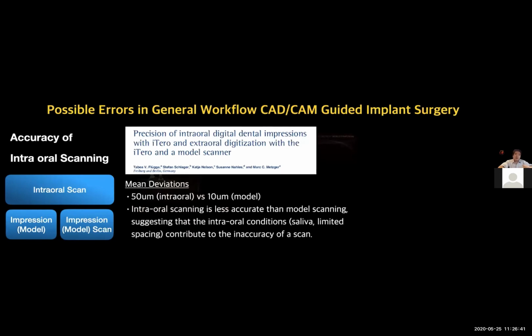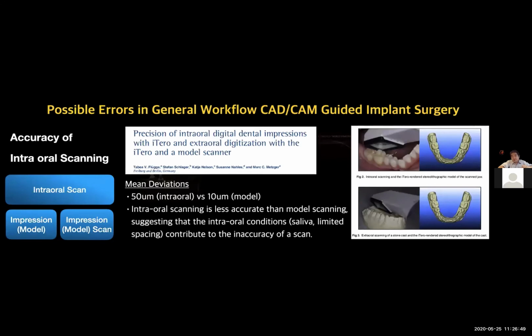And also one of the articles showed the difference in accuracy between actual intraoral scanning and extraoral scanning. What they did is they used exactly the same intraoral scanning machine, scanned the patient's mouth, and created the 3D model. Then they took the previous impression and scanned that model with the same intraoral scanner, created the digital model, and compared them.